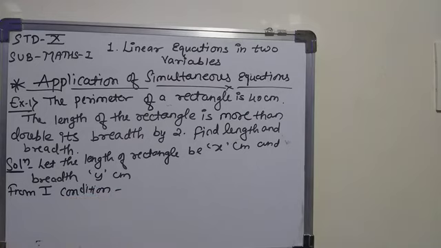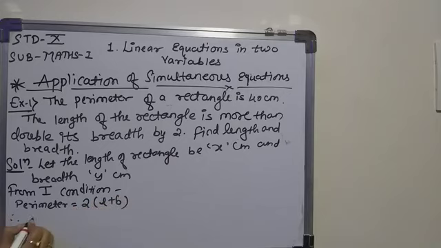The perimeter of the rectangle is 40 centimeters. So what is the formula of perimeter? Perimeter is equal to twice of length plus breadth.